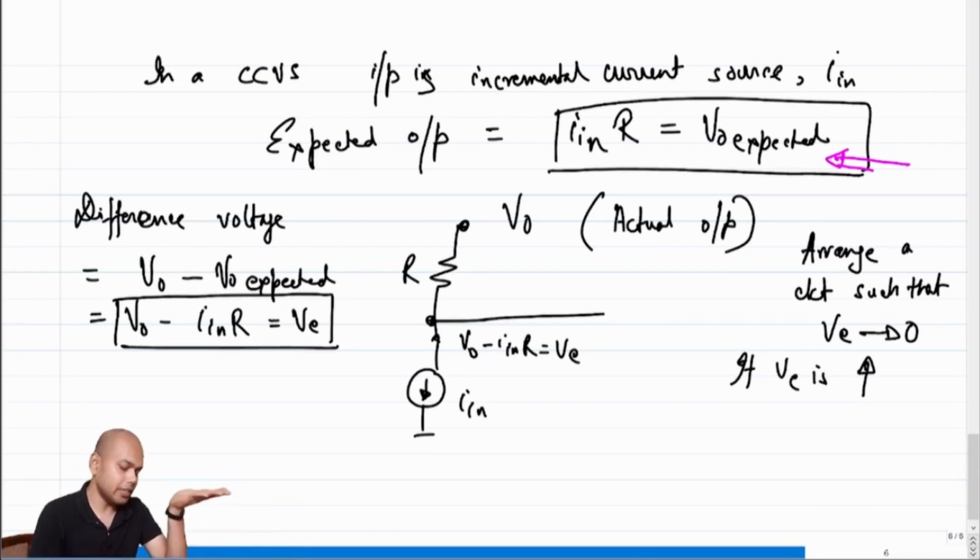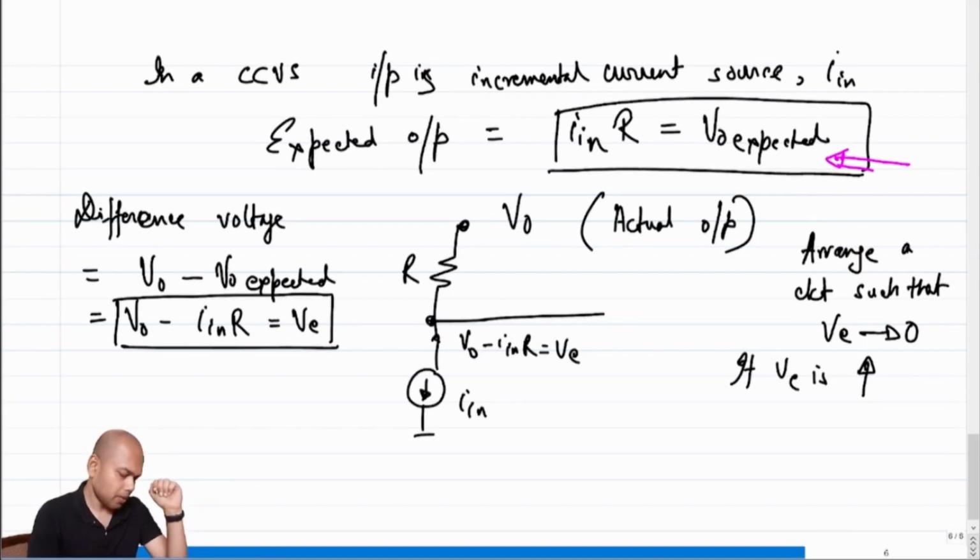If VE is increasing, which means the current that I am drawing out of V0 is not sufficient, I have to increase the current that I am drawing out of V0, right? If I increase the current that I am drawing out of V0, then it's likely that I'll be reducing the voltage at V0. If I pull current out of a node, the node voltage reduces.